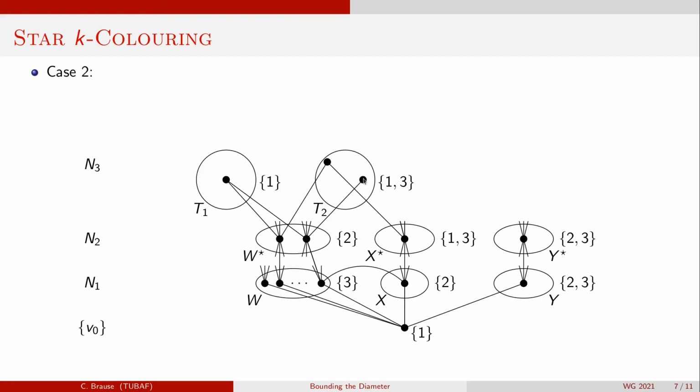Now we find that all other vertices have no neighbor in W star. And we let S1 be the set of vertices which have no neighbor in W star, but a neighbor in T1. And so we see that we can assign color 2 or color 3 to these vertices.